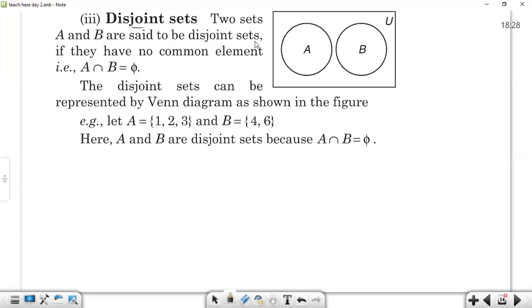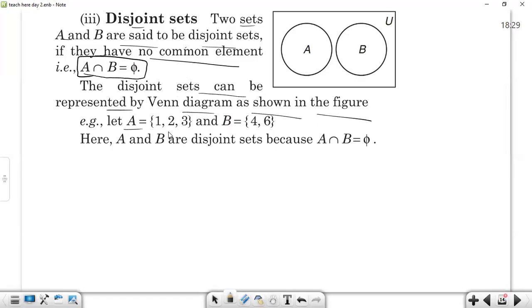Disjoint sets. Two sets A and B are said to be disjoint sets if they have no common elements. If they don't have any common elements, they will not overlap or intersect each other. In this case, A intersection B is a null set. Sets can be represented by a Venn diagram as shown in the figure.